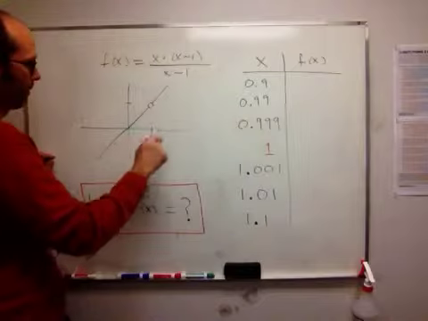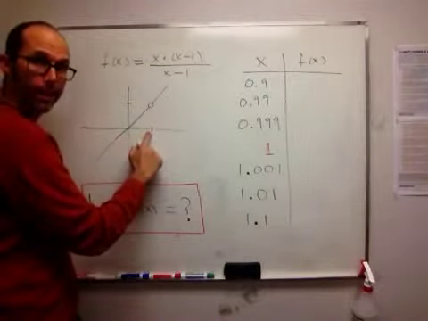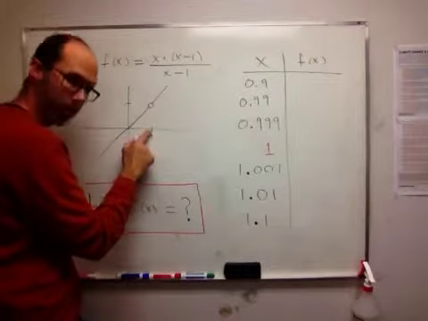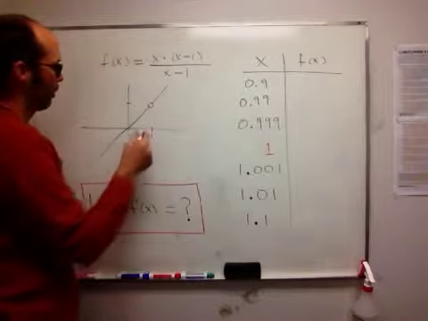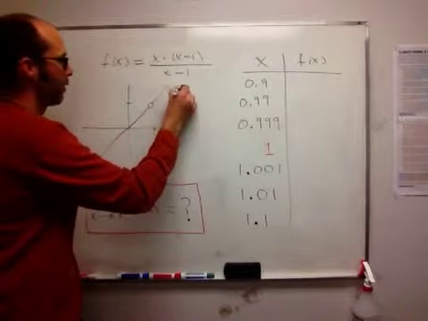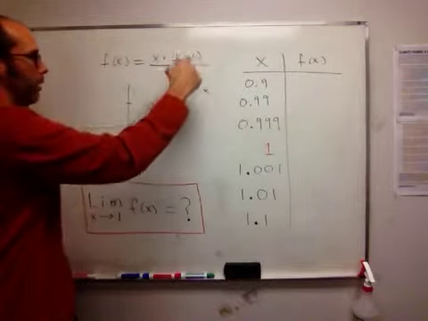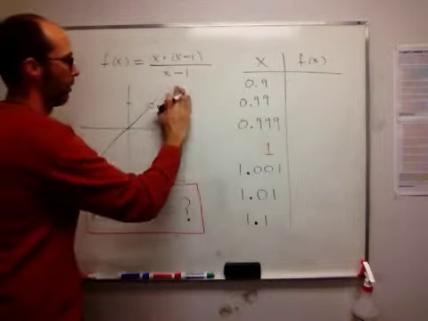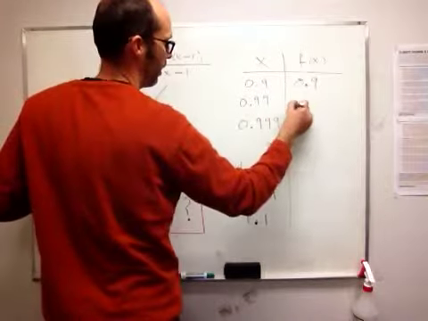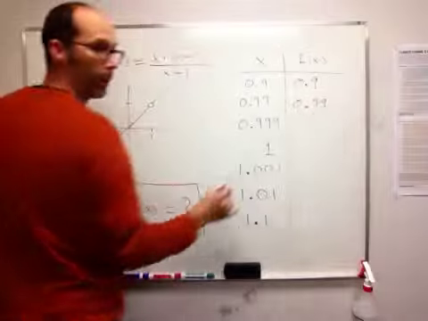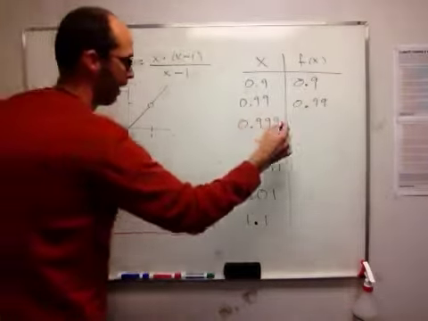As x goes 0.9, getting pretty close, 0.99 getting closer, 0.999 getting really close. I think this function is basically f of x equals x, except at x equals 1, where we have a problem. So our function values here are 0.9, 0.99. Take a wild guess. What do you think? You're right.